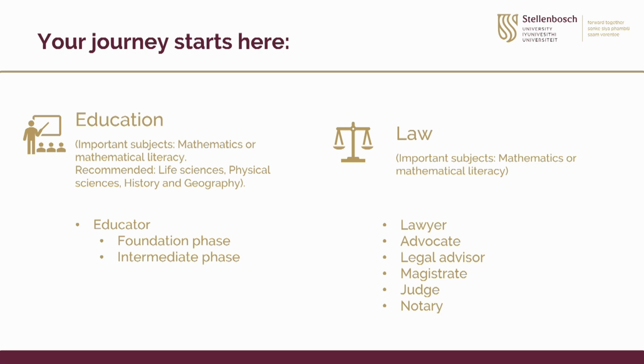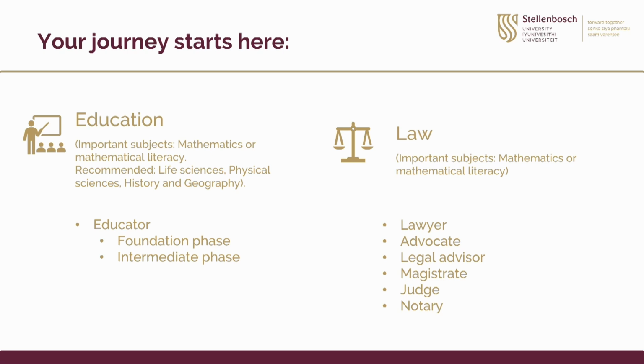And then the other option is intermediate phase. But the senior phase, grade 10, grade 11, and grade 12, we don't offer that at Stellenbosch University. So if, for example, you want to be a physics teacher, you can do a BSc in physics.